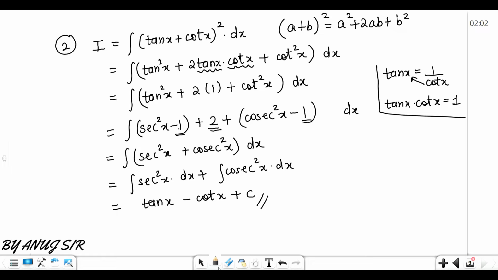If you have a question where you can apply the formula directly, you can solve it, but other than that you have to find the terms for which you have the formula, and then only you can integrate. I hope you understood this problem. Okay, next.